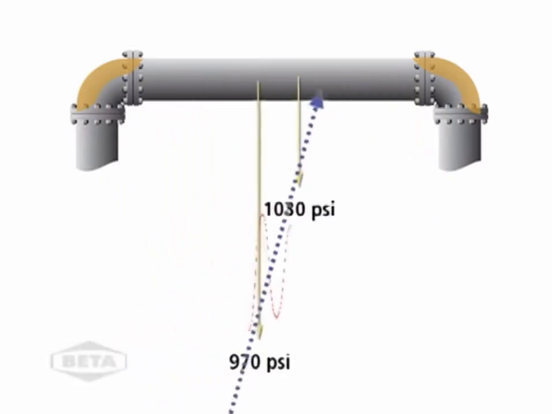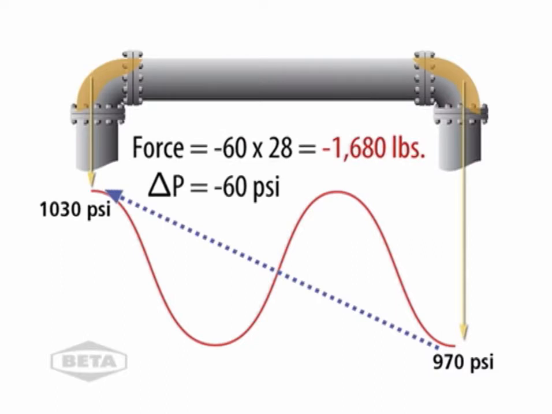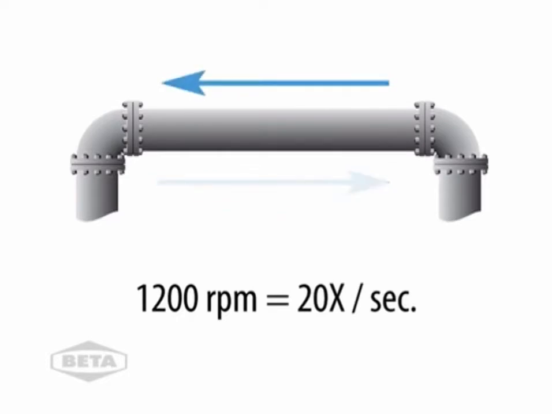As the pressure wave travels 180 degrees, the differential pressure reverses direction and is now minus 60 psi. The unbalanced force is now 1,680 pounds in the reverse direction. The force oscillates back and forth at the run speed. For a 1200 RPM machine, the frequency is 20 times per second.